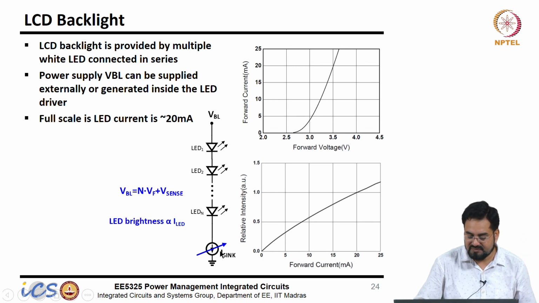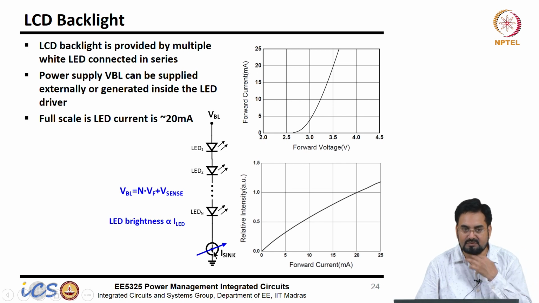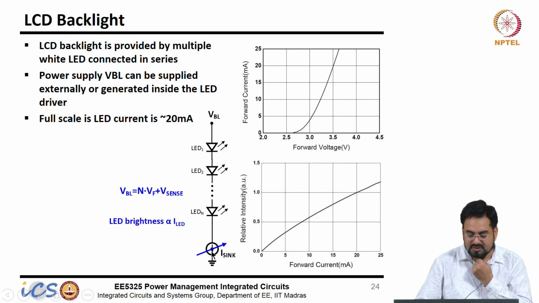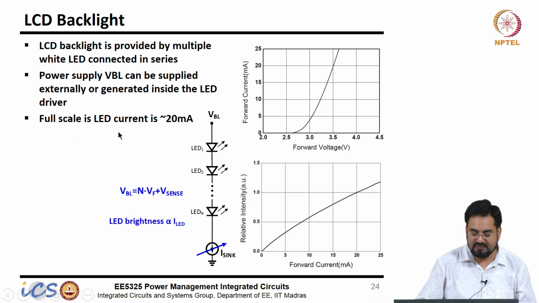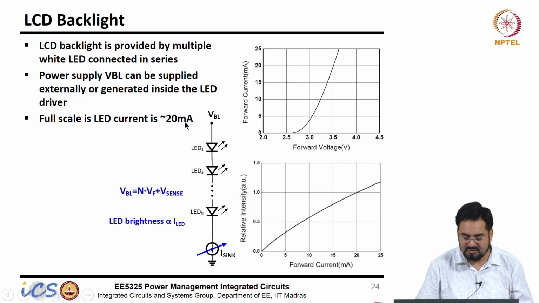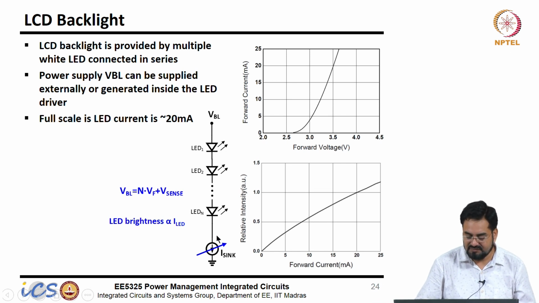So, it is always preferred to regulate the current, and whatever voltage is required to get that current, the control loop will take care of that. Most of these LEDs which are used for backlight have a full scale current of 20 milliamp or so. Now let us say we have a current sink, and we have n number of LEDs connected in series.